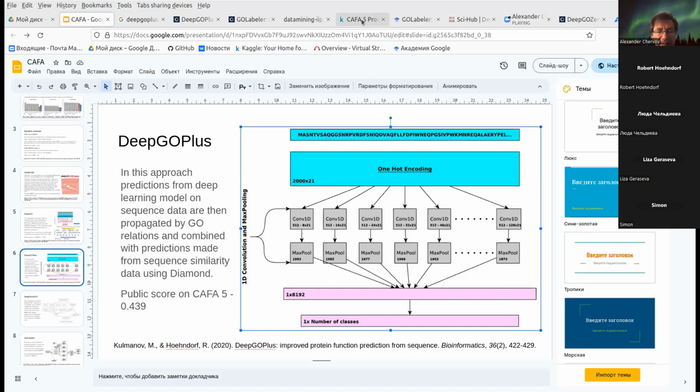But here the computation is quite different, because we have many targets. What is done is we calculate precision and recall along the target axis, then you make an average over samples, and only then you calculate the F1. So the metric is pretty complicated for this competition, I would say.